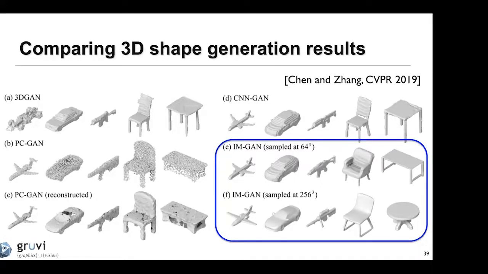And then these are some comparisons, and I highlight in the box the results from IM-GAN, which is the generative adversarial network built on the IM decoder, in contrast to other works like 3D-GAN and CNN-based GAN, and also point cloud-based GAN. Visually, IM-GAN comes out on top. And you also note that IM-GAN can operate at both low resolution and high resolution. It can be sampled at any resolution as you wish.